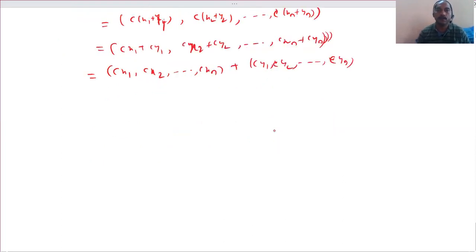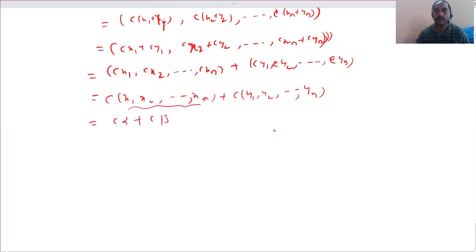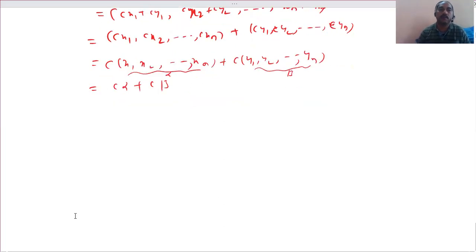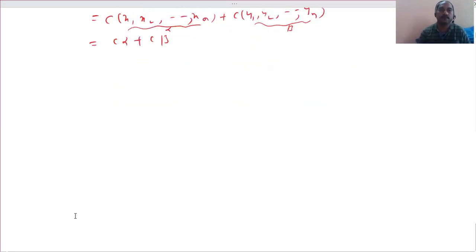Now take C as a common, because by the hypothesis of the operation, we can take C as a common. So this is nothing but C alpha plus C beta, because this value is alpha and this value is beta.